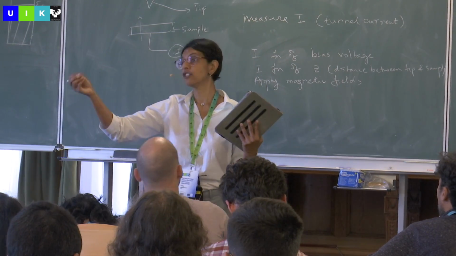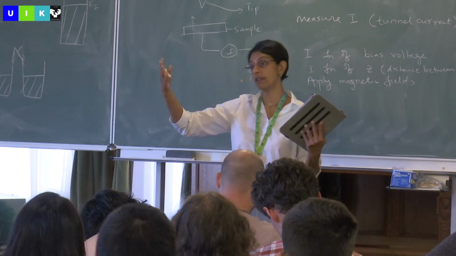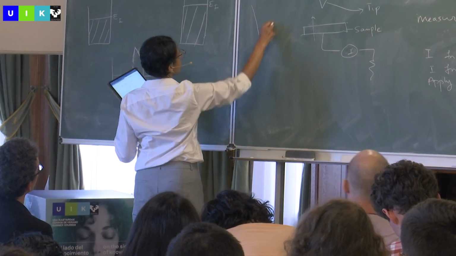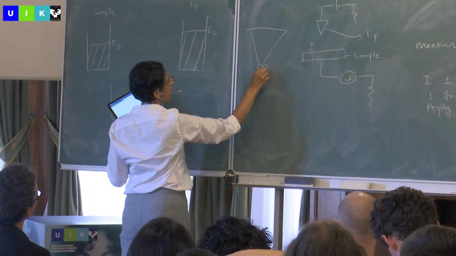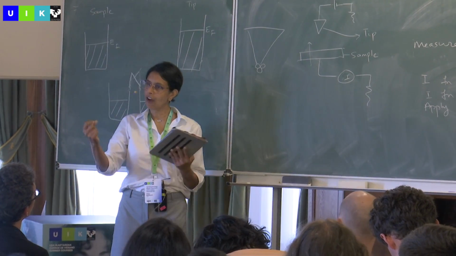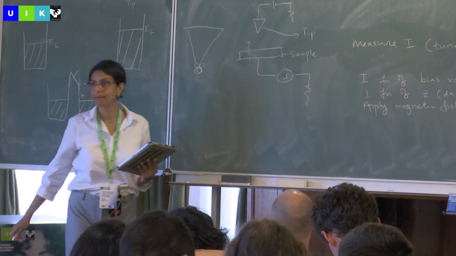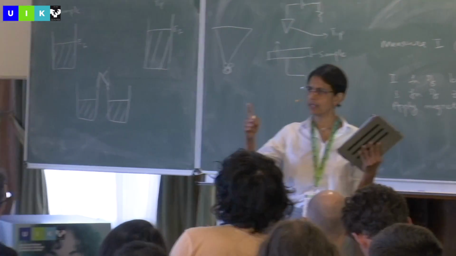Moving something by half an angstrom will change the tunnel current by a lot. So let's say you have some macroscopic tip like this. At the end, you have a few atoms. And the thing that contributes to the tunnel current the most is this atom at the end. Okay? And so what was your question?